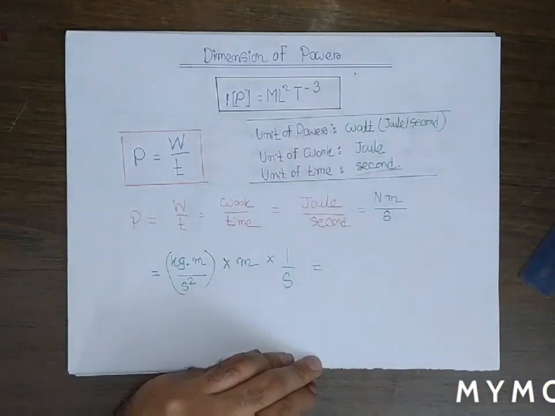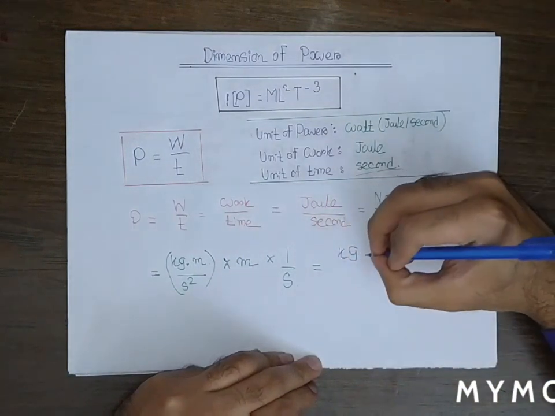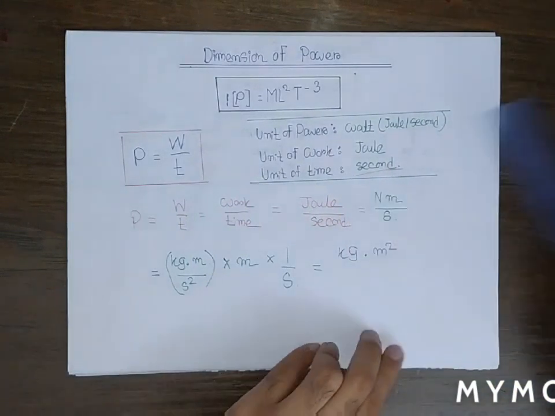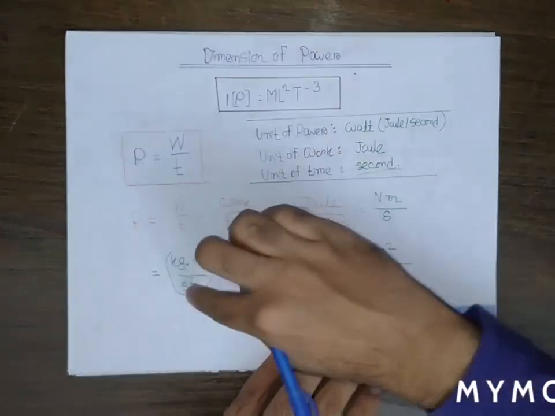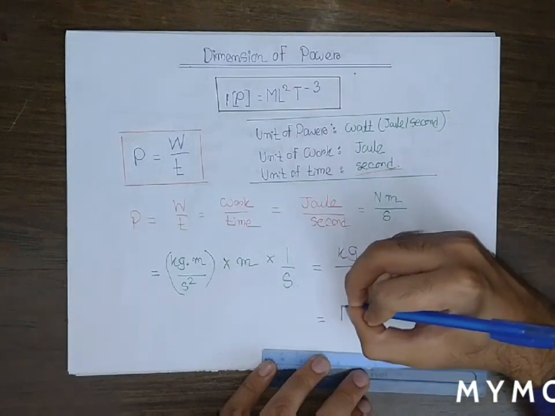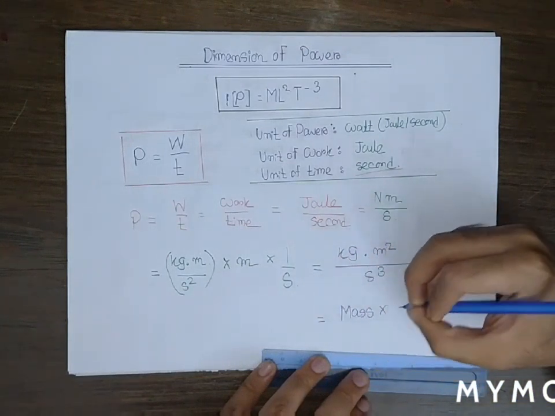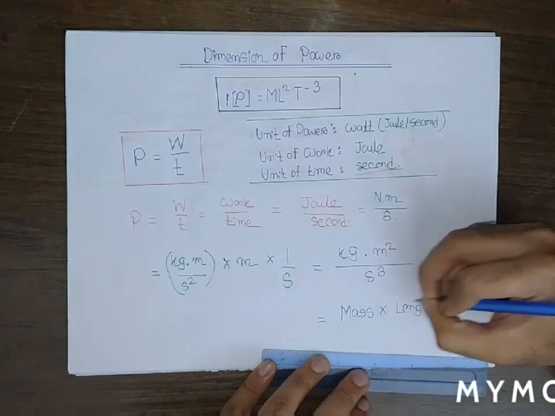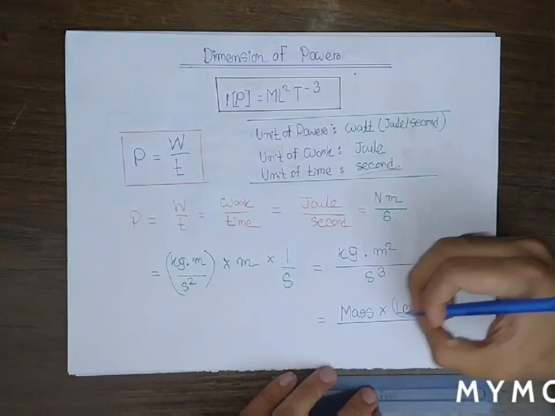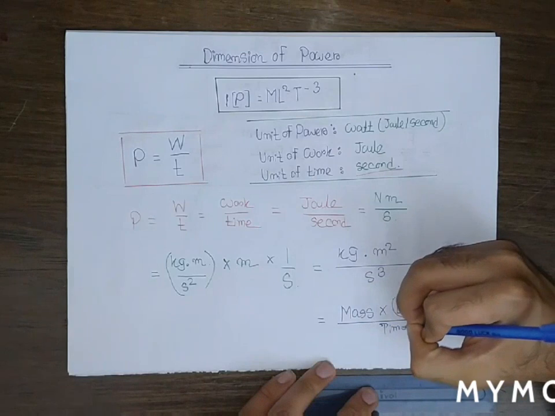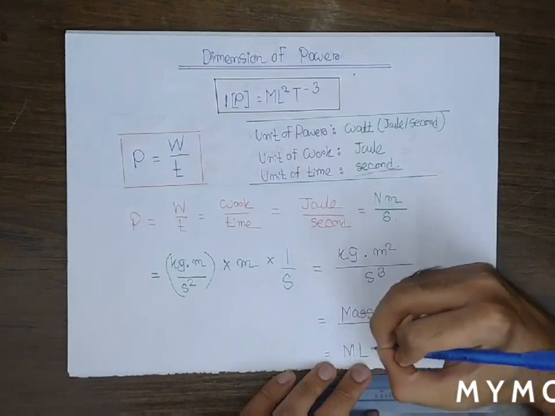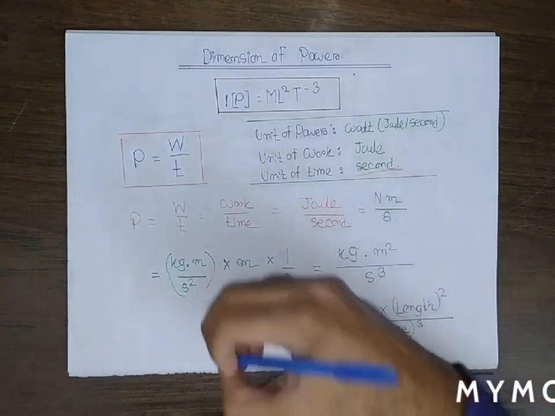So the result is kg meter multiplied by meter, meter square, divided by second square multiplied by second, second cube. So mass into length square divided by time cube. So M L square T inverse 3.